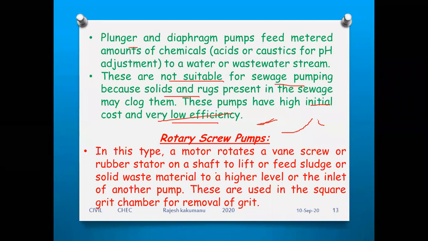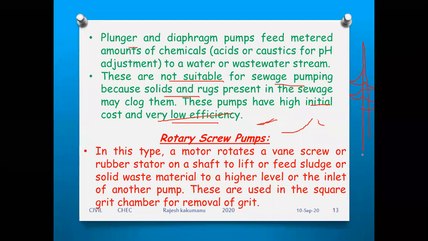So here you have a mechanical type of pump system with a rotating screw. A rotating screw does not just look like a simple screw, but with every rotation you have this type of rotating screw.